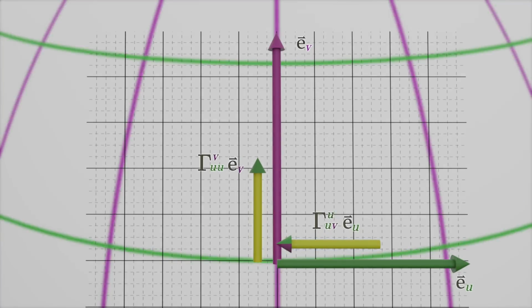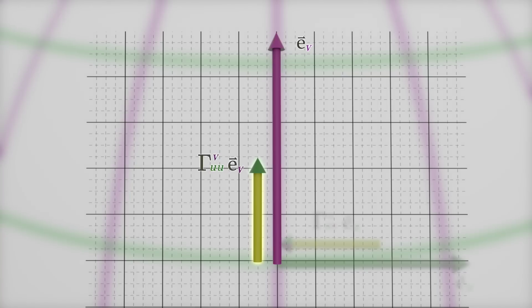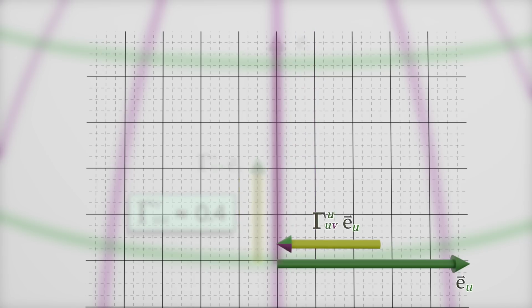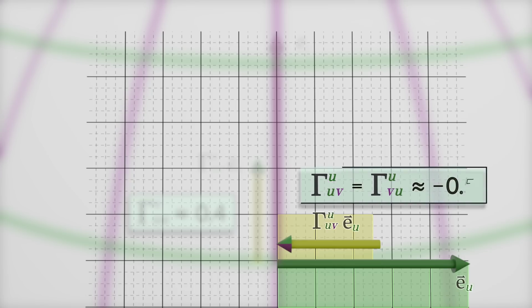Indeed, we can see that this vector here spans approximately 2/5 of the length of the EV basis vector. So its Christoffel component is roughly 0.4. This vector, meanwhile, spans about half the length of the EU basis vector and is pointed in the opposite direction. So its Christoffel component is roughly minus 0.5.